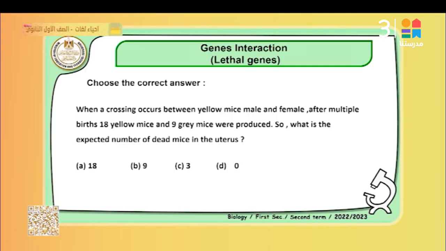These questions apply and test whether you understood these lessons, yes or no. When a cross occurs between yellow mice, male and female, after multiple pairs, 18 yellow mice and 9 gray mice were produced. So what is the expected number of dead mice in the uterus? Pay attention, please.